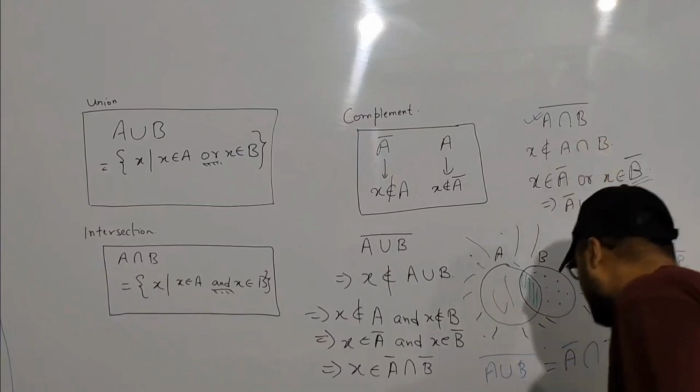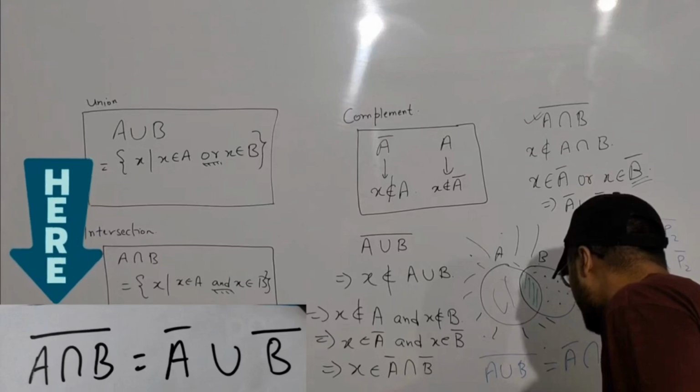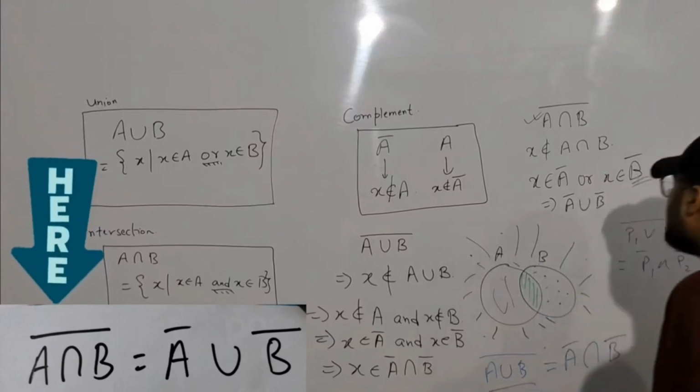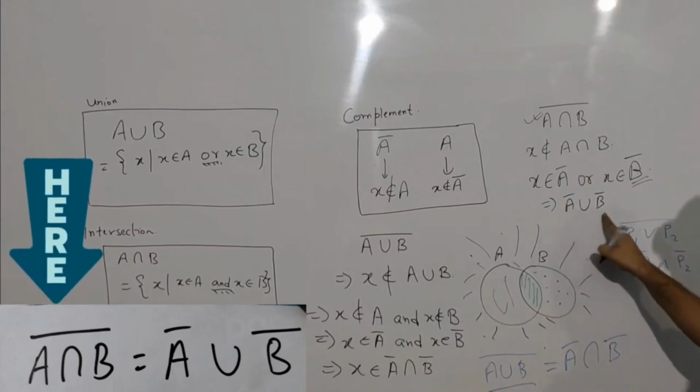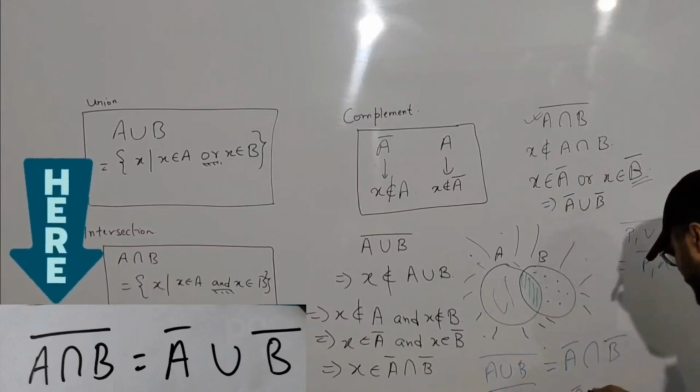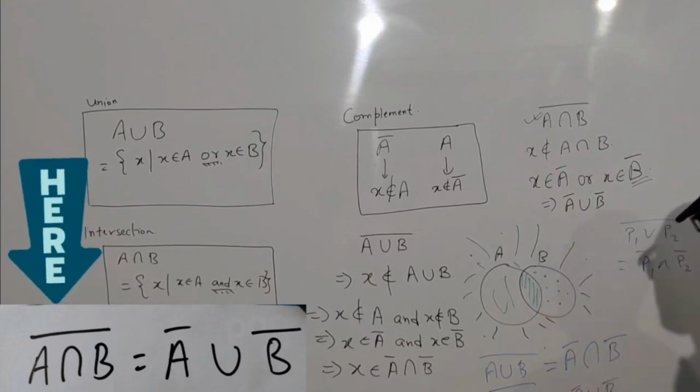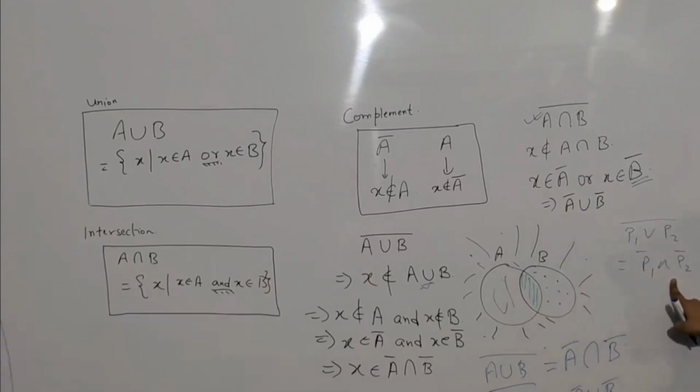And the complement of A intersection B is equal to A complement union B complement. So you got this, right? This is De Morgan's law in propositional calculus.